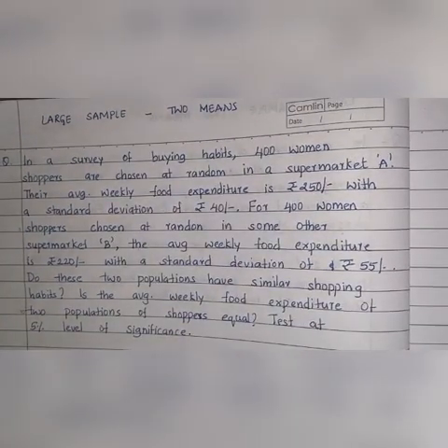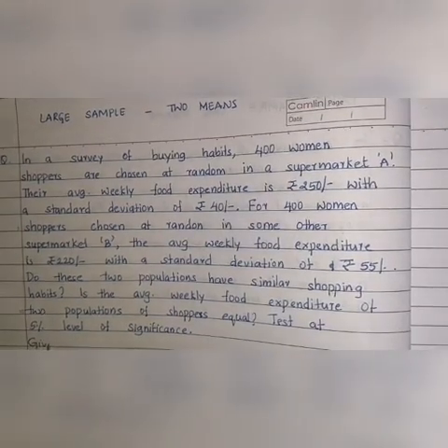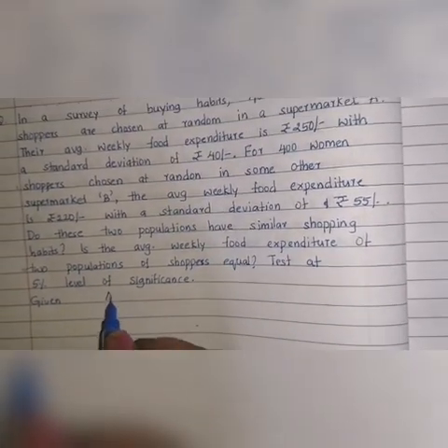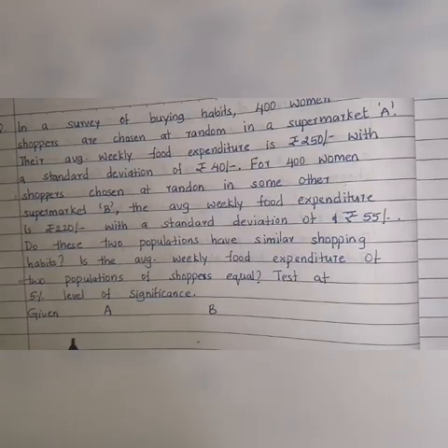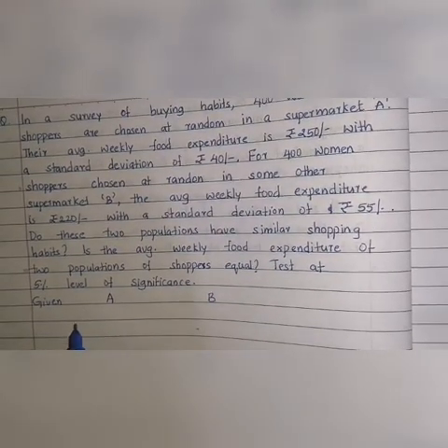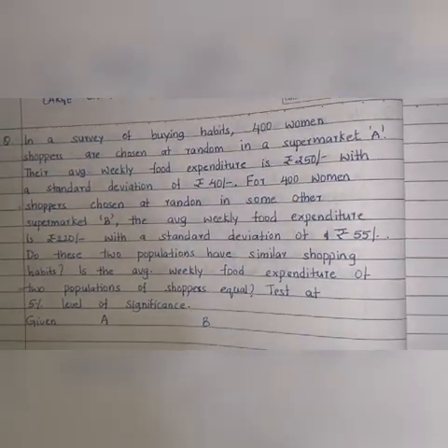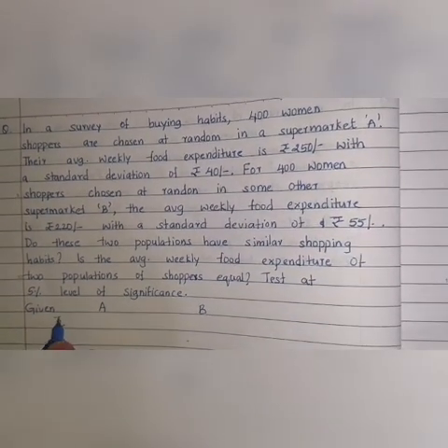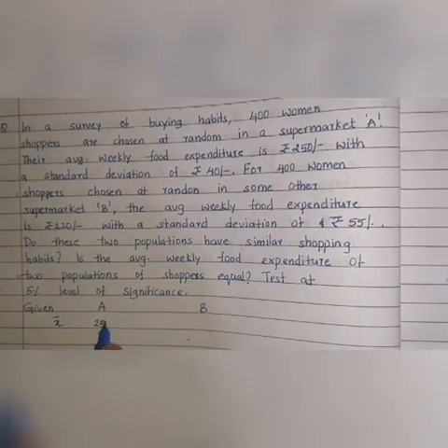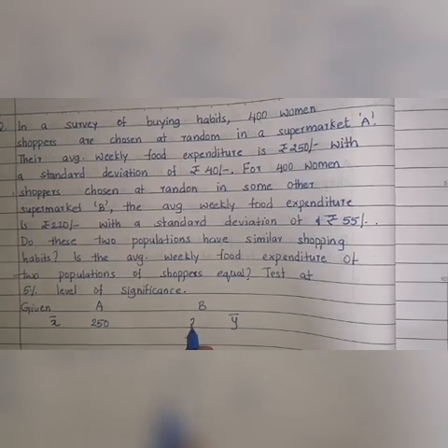So let us first jot down what is all given to us in the question. Given, we have two samples, sample A and sample B. We have been given the average expenditure of these two samples. So x bar is equal to 250, and for y bar the food expenditure is 220.